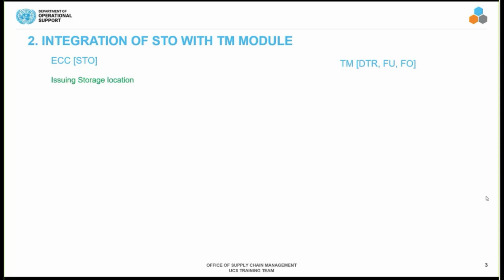We have two columns here. We have ECC, where we create the STOs, and we have the TM module, where we create the DTR, delivery transportation requirements, freight units, and freight orders. In the STOs, we need to insert the issuing storage location, and this is going to, through the master data, drive the shipper address and the source address in TM.